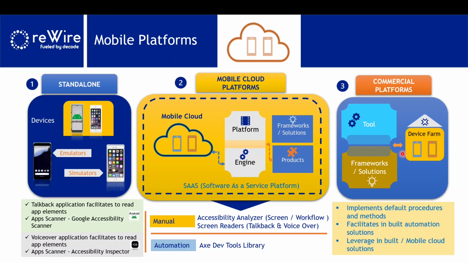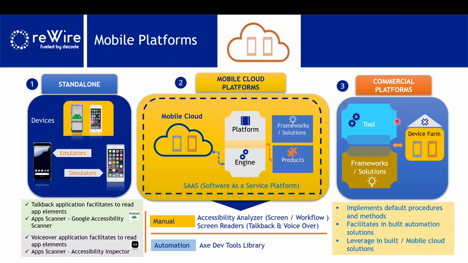And their architecture is like this: they have a tool, and also they have in-house solutions. Nowadays all the commercial tools also support Selenium and Appium, since those are open source and they are able to integrate those frameworks as well.